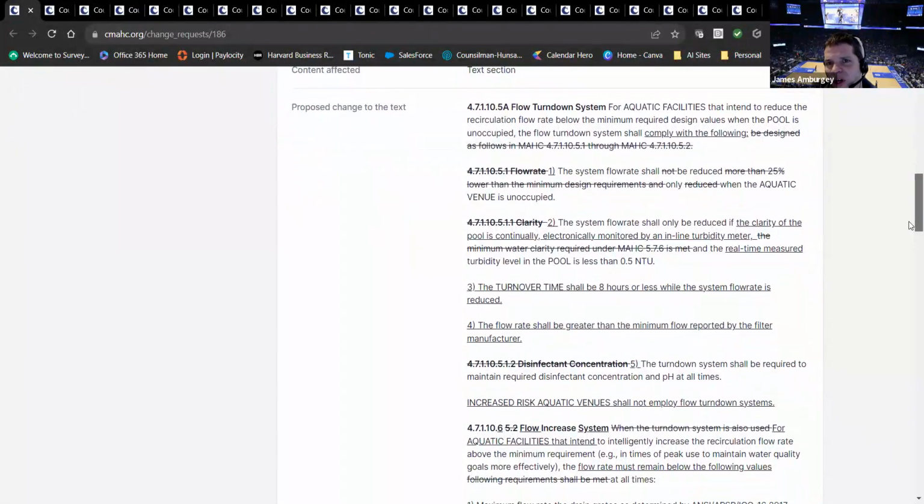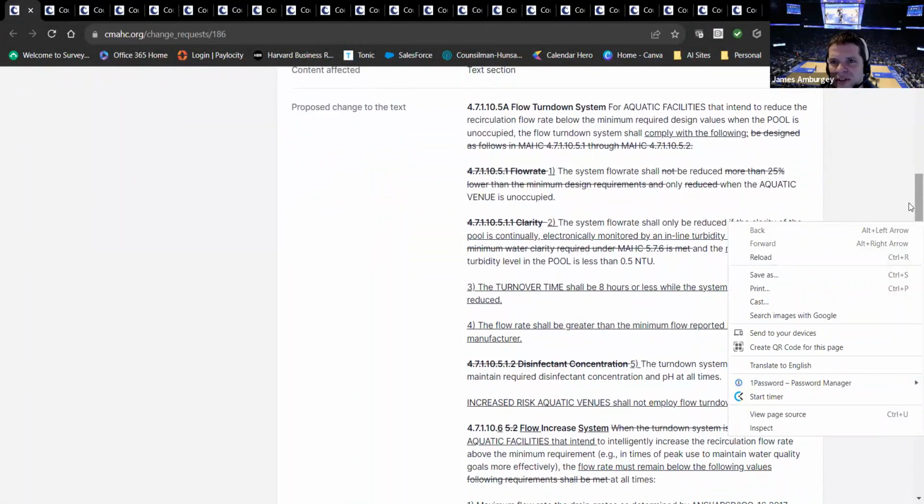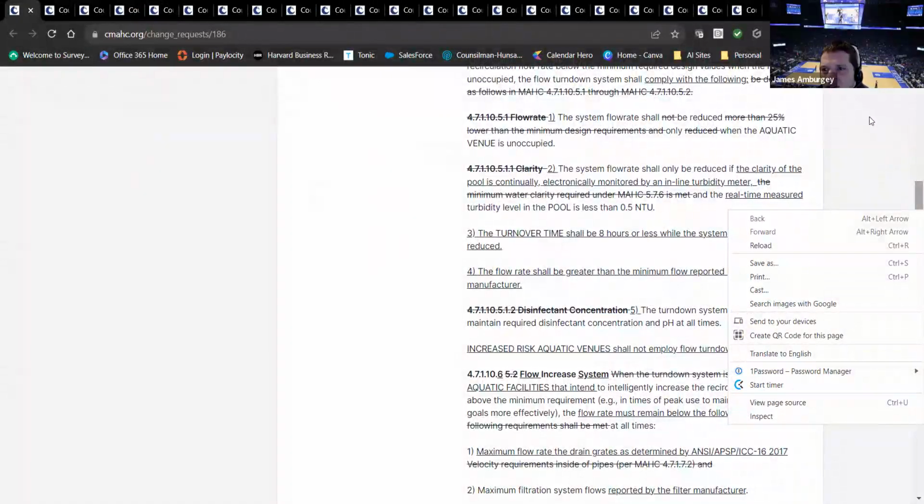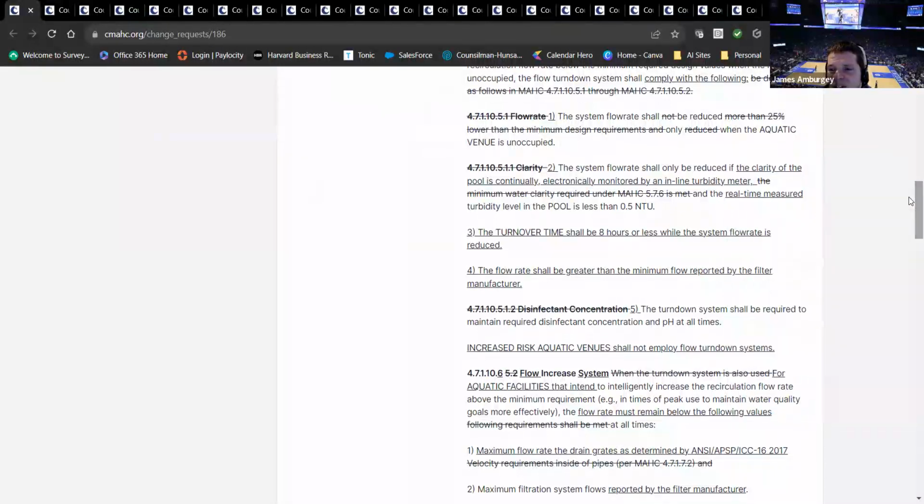In which case you're probably going to screw up the recirculation system, maybe the chlorination system. You just can't take the training wheels off of this, so to speak. 25% may not be the right number, but unlimited, any pool can go to 8 hours. Those things are just ridiculous. This could be an 800% increase for a 1-hour turnover pool, if you had a plunge pool or something.